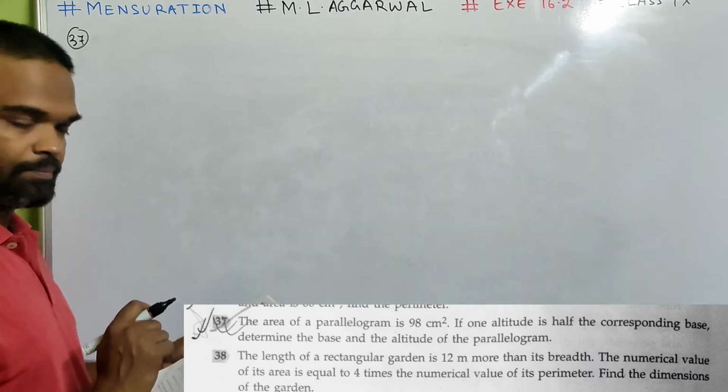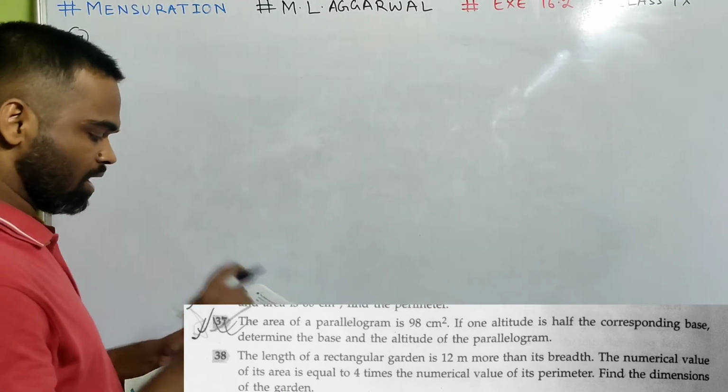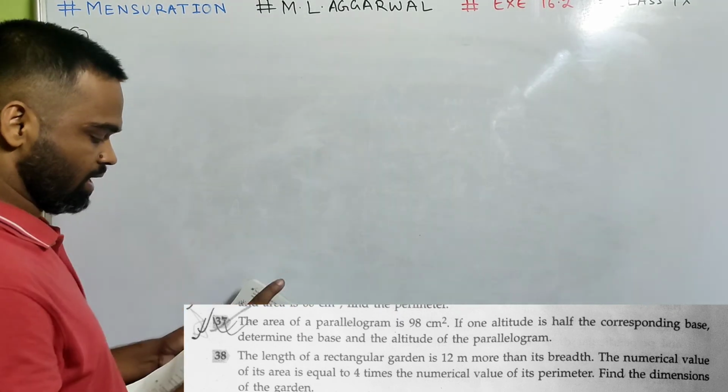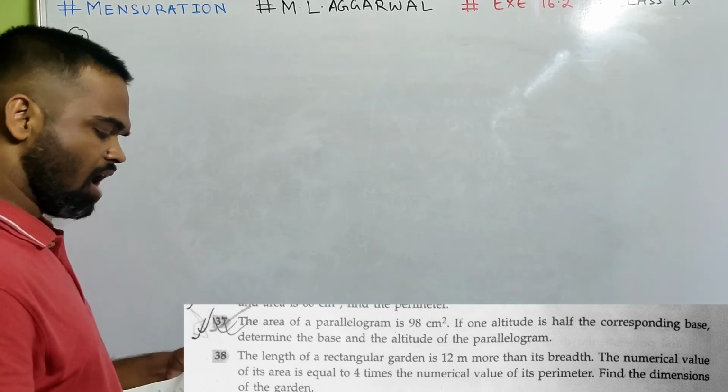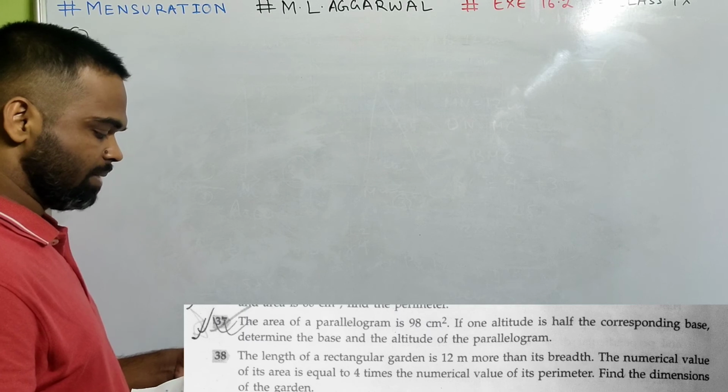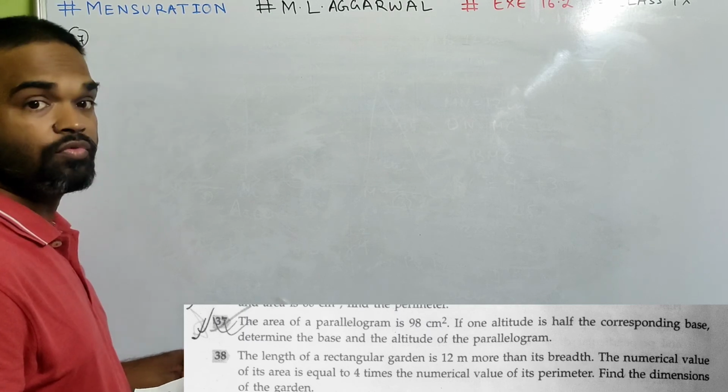Now look at 37. The area of a parallelogram is 98 centimeter square. If one altitude is half the corresponding base, determine the base and the altitude of the parallelogram.